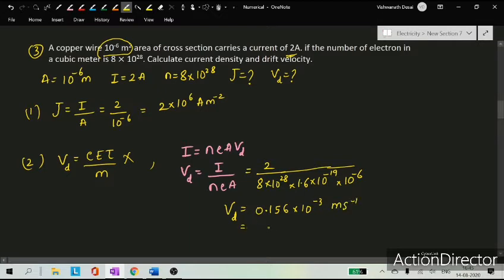Or you can write it as 156 into 10 to the power minus 6 meter per second.